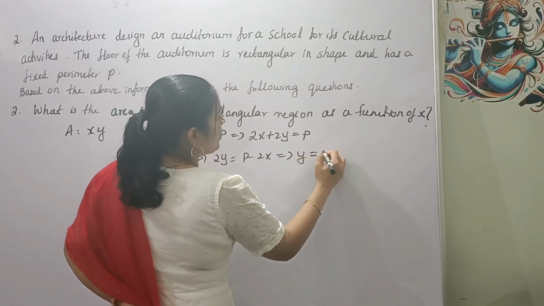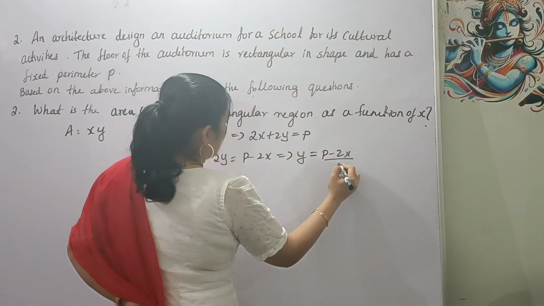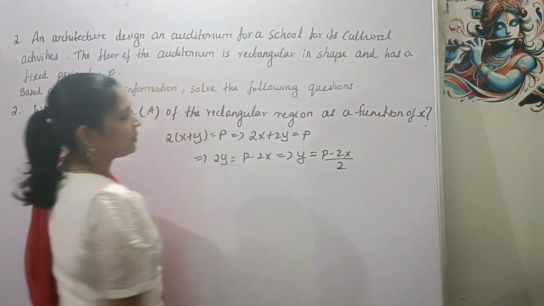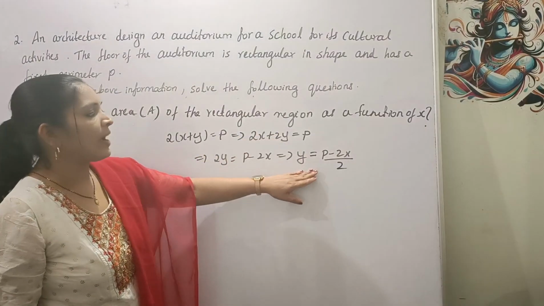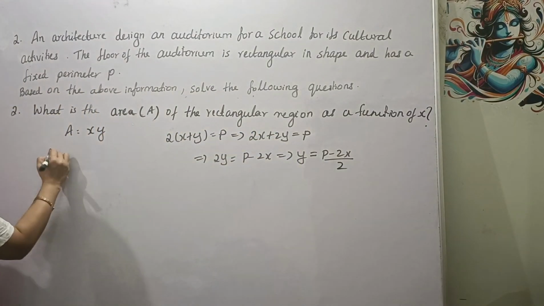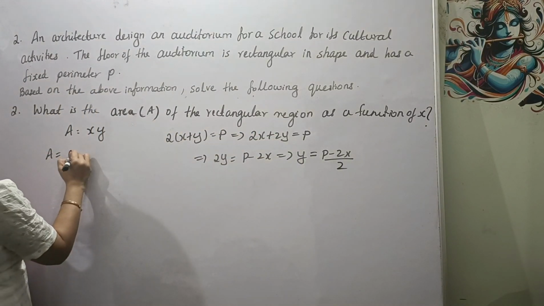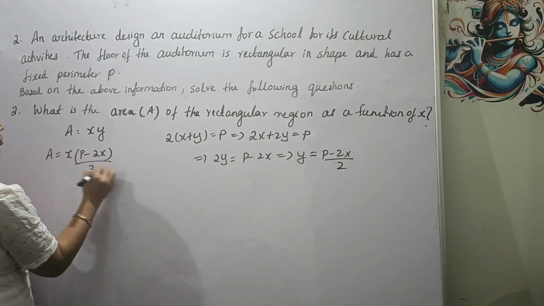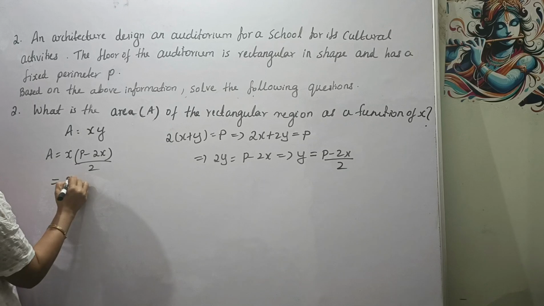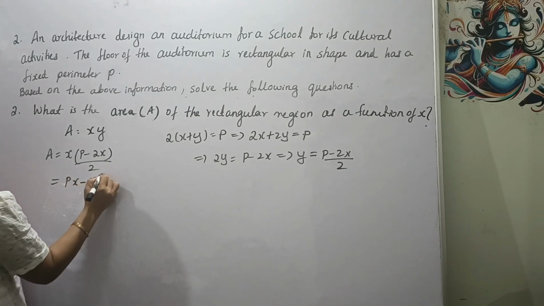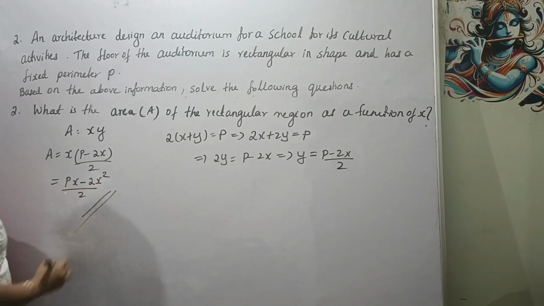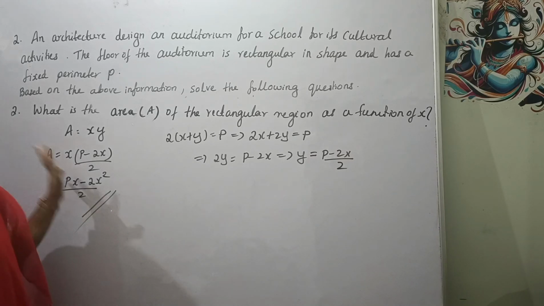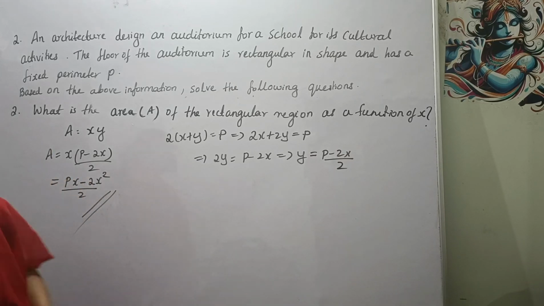That implies y is equal to P minus 2x divided by 2. Right. So let's substitute this y here. That is, A is equal to x into P minus 2x divided by 2. That is equal to Px minus 2x square divided by 2. So it is the area of the rectangular region as a function of x.